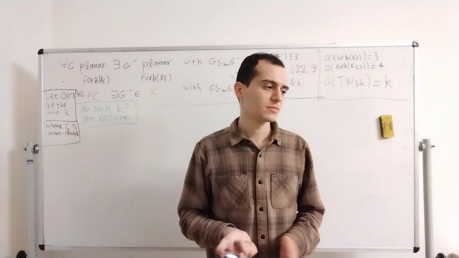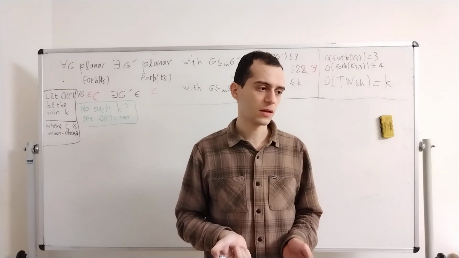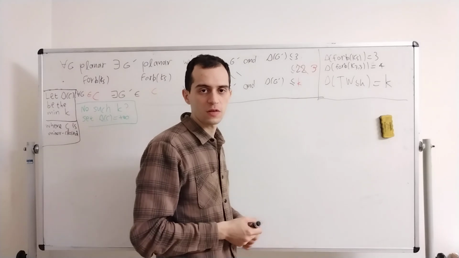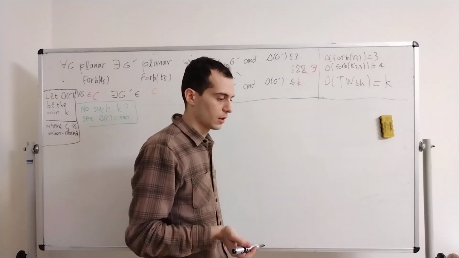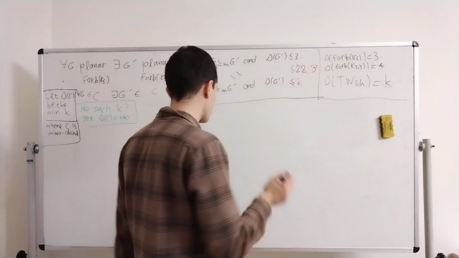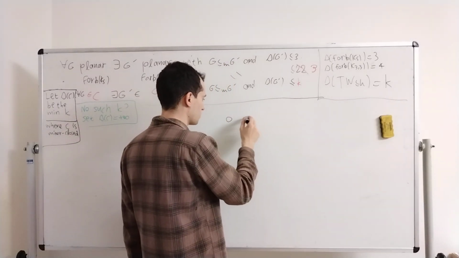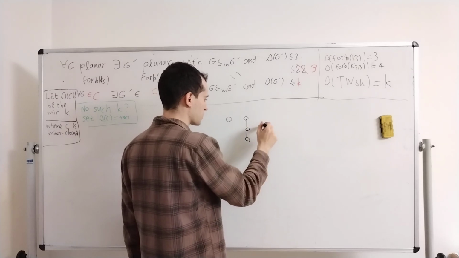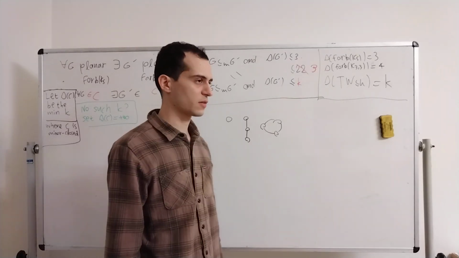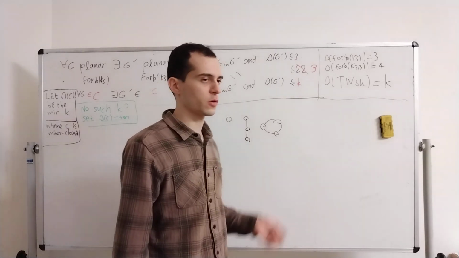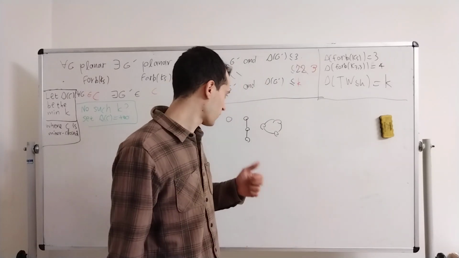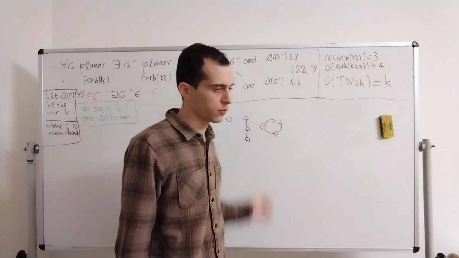It means that if delta of C is 2, then every graph in C is a minor of a graph with maximum degree 2. But what are those graphs? They're just paths, cycles, maybe some isolated vertices, and their disjoint union. That's all those graphs could possibly be. And in fact, every minor of such graphs is also of this form.